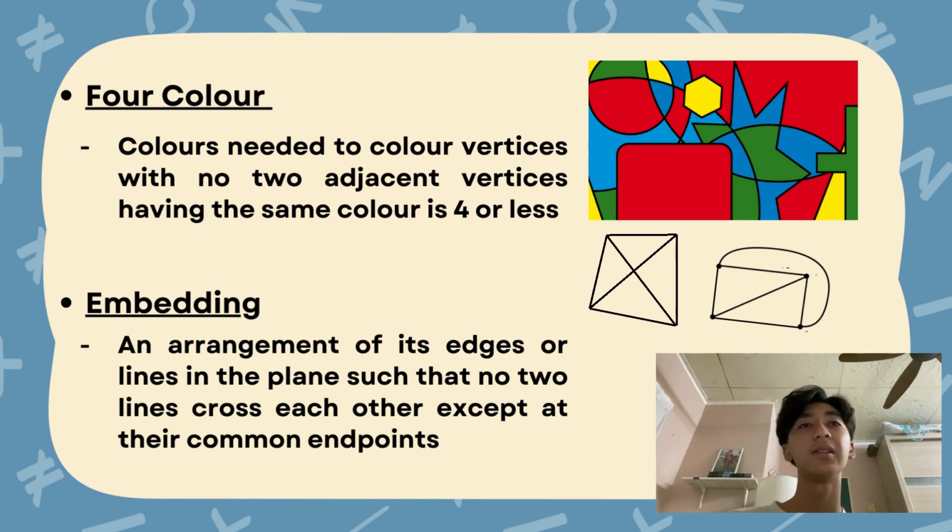The left one is before we apply the embedding style, where the lines cross each other and it cannot be called a planar graph. The right one is after we do the embedding, where one of the lines is drawn around the outer side so that they do not cross each other. So the crossing number is equal to 0 and it can be called a planar graph. So that is embedding.